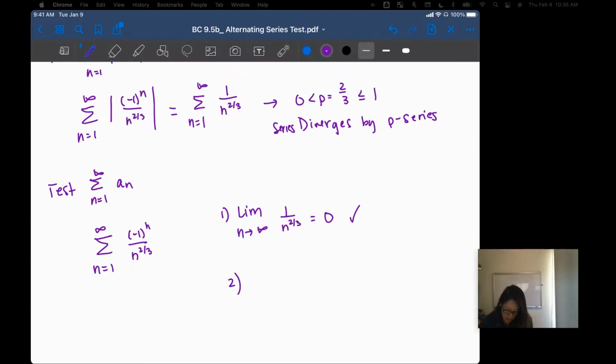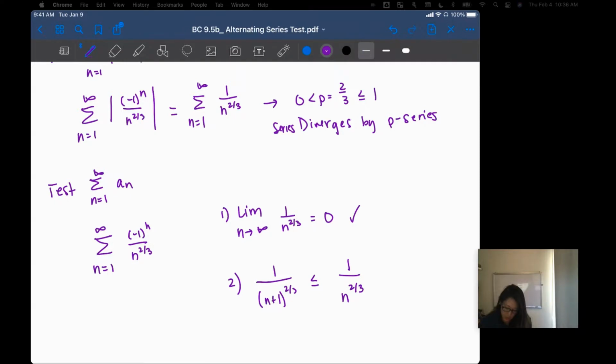The second thing is that the next term, the absolute value of 1 over n plus 1 to the 2/3, has to be less than or equal to 1 over n to the 2/3.